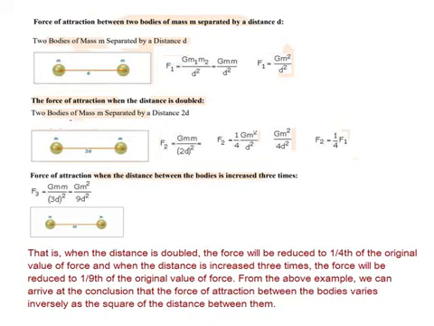Now let us pass on to the third figure. What happens to the force when the distance between them is tripled, or 3 times? Here the distance d becomes 3d. So substitute in the formula, the denominator becomes 3d square, which is 9d square. 3 square is 9.